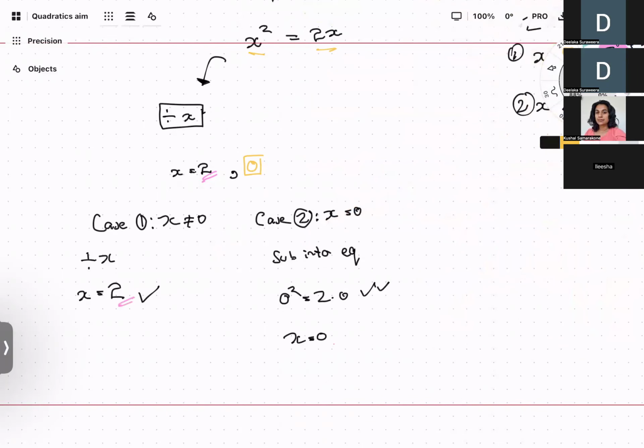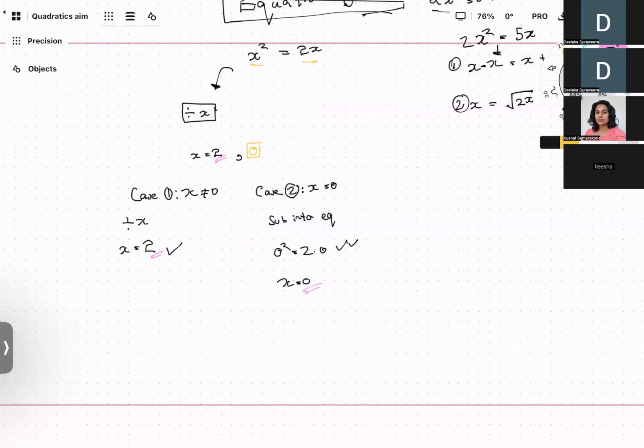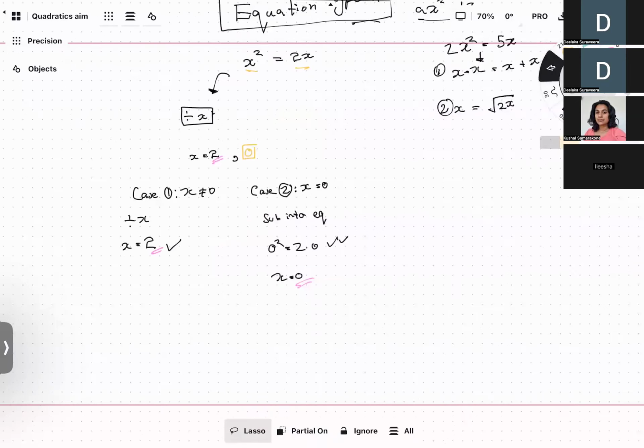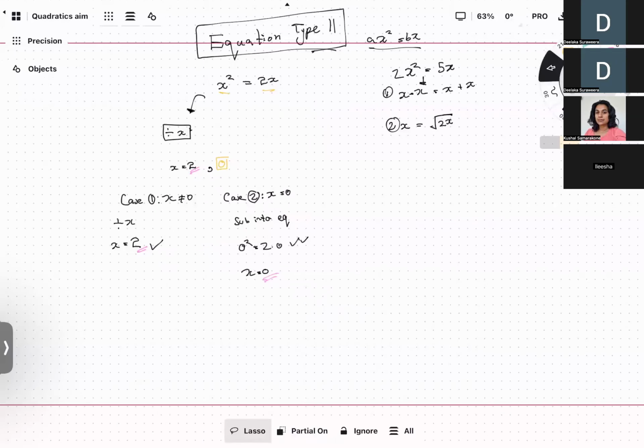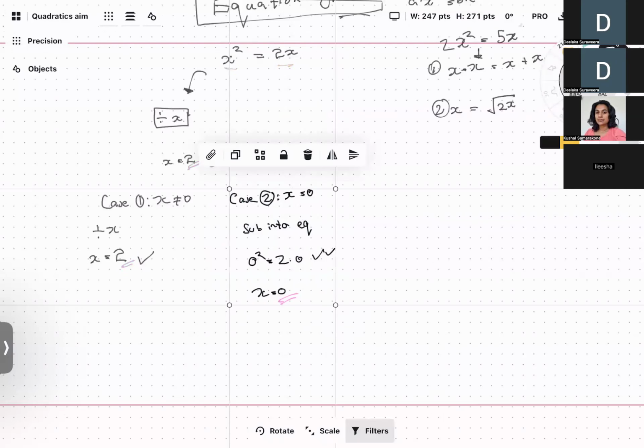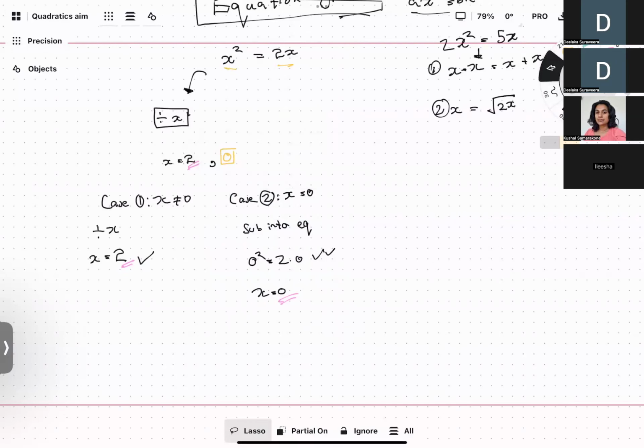Now, this is the first method to do this. The rule I want you to take away from this, though, is that dividing by x, any variable, is a scary thing because 0 is within the realm of possibilities.